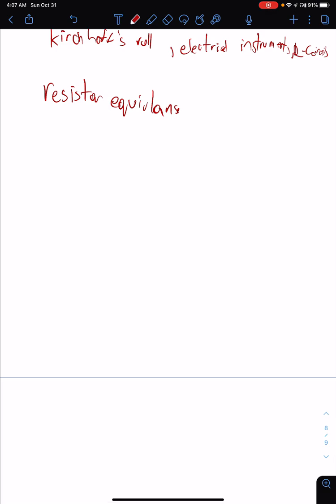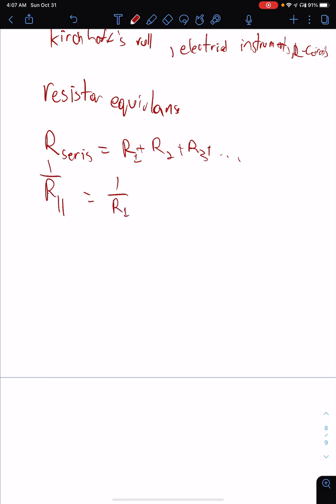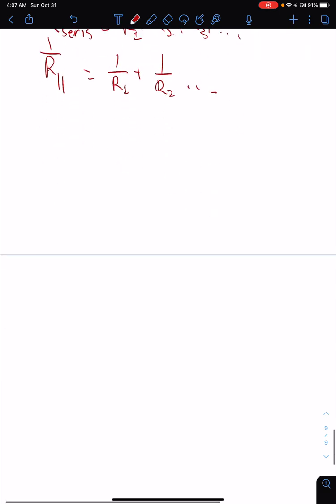And the two rules are that R series is equal to R1 plus R2 plus R3 and so on. And R parallel is equal to 1 over, 1 over R1 plus 1 over R2 and so on. Okay?